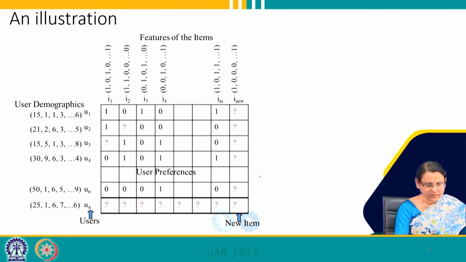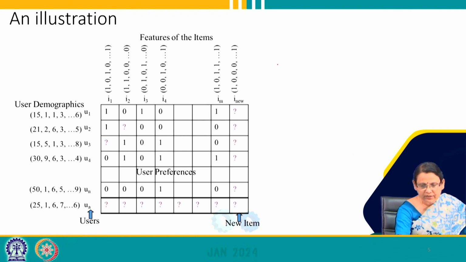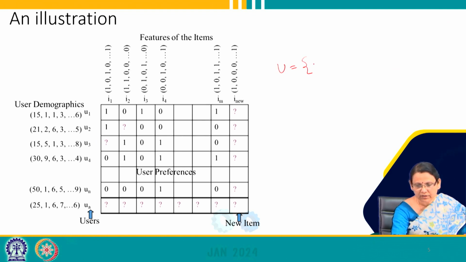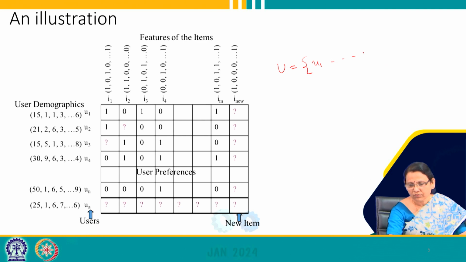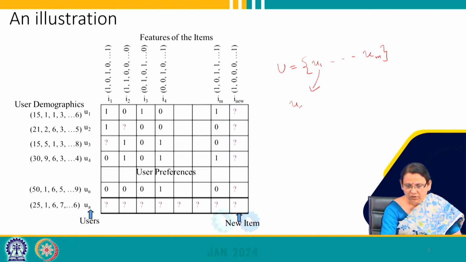This is one illustration. This user u, which we said is a set of users u1 to um, each u is a vector. So, each u, let us say ui, consists of many elements. What are those elements? Those are individual user features.